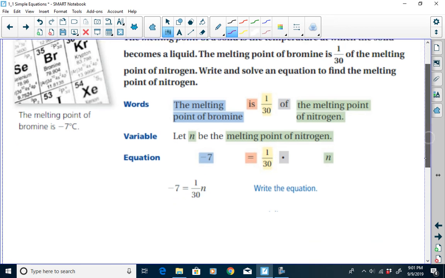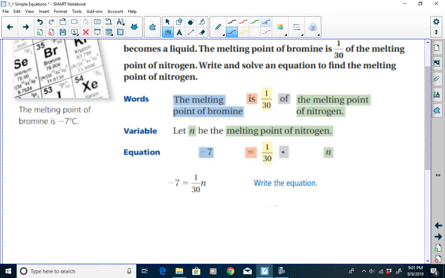All right. Once we write the equation, we have to solve the equation. Well, I see multiplication here. This is 1/30th times the number N. So the opposite of multiplication is division. So I want to divide both sides of the equation by that 1/30th. On the right side of the equation, 1/30th in the numerator, 1/30th in the denominator, they cancel each other out. That becomes 1.